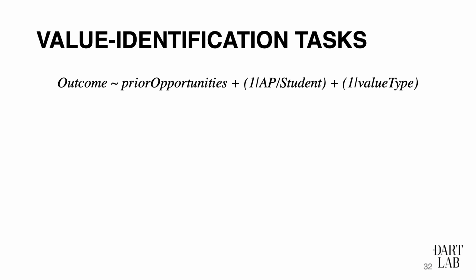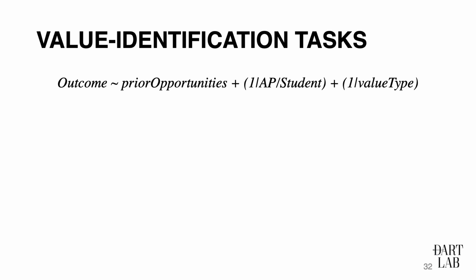Okay, so let's talk about these learning objectives. For value identification, we tested the impact of practice on performance, right? Did learning happen using this mixed effects model? Here the outcome is either 0 for incorrect or 1 for correct. Prior opportunities represents the number of times the student has attempted a value identification task prior to this attempt.